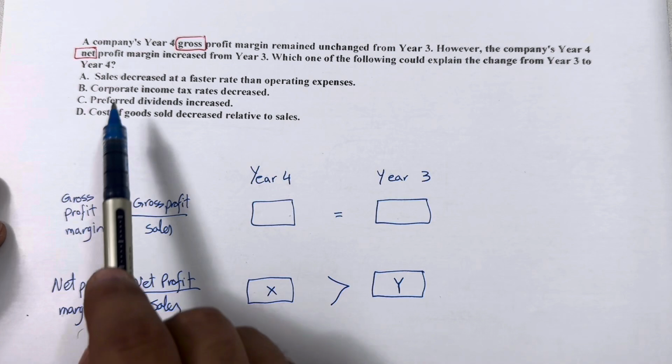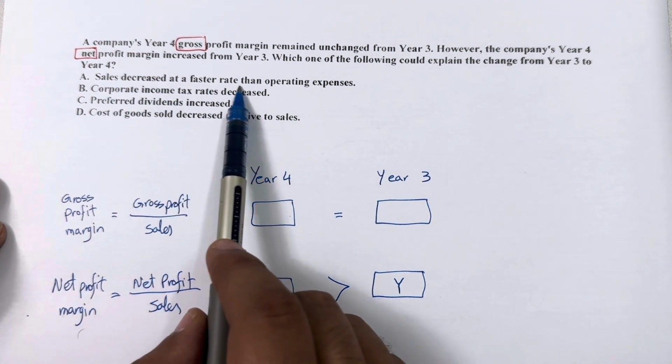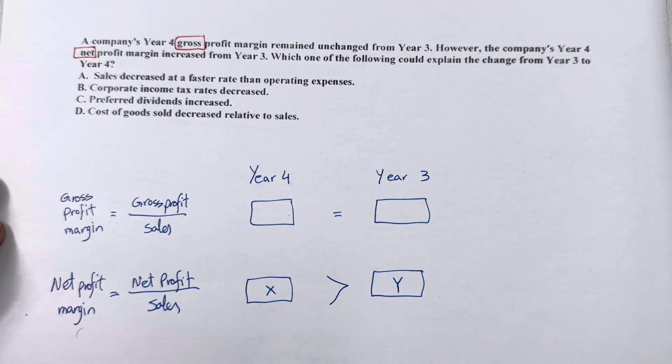Number A, sales decreased at a faster rate than operating expenses.